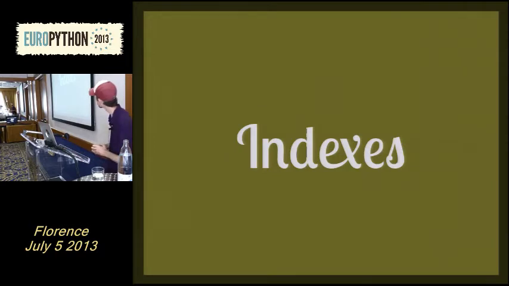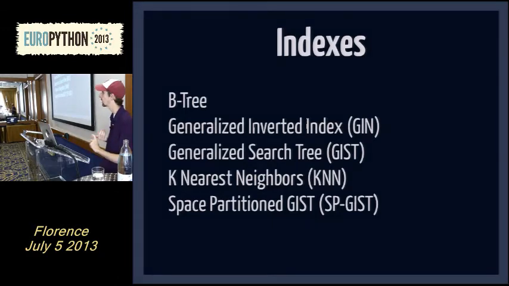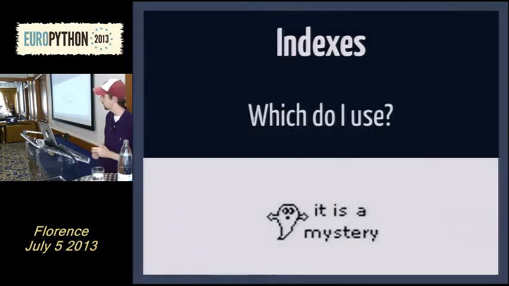So indexes. This doesn't entirely apply to the Django ORM, but I think equally as valuable. So in Postgres, you've got a lot of indexes, as I mentioned. You've got btree, gin, gist, knn, sp-gist. If you're anything like me, when I first looked at this, it was quite confusing.